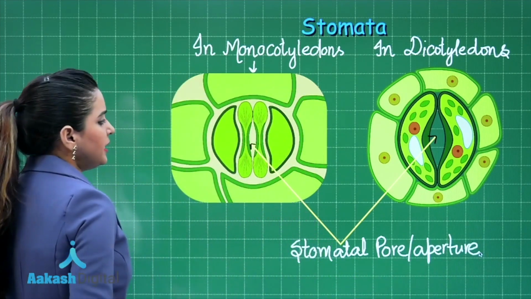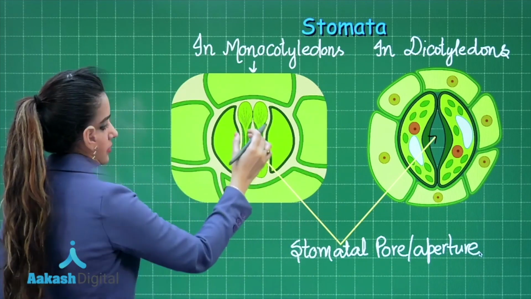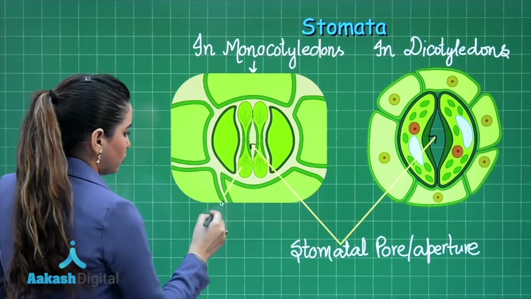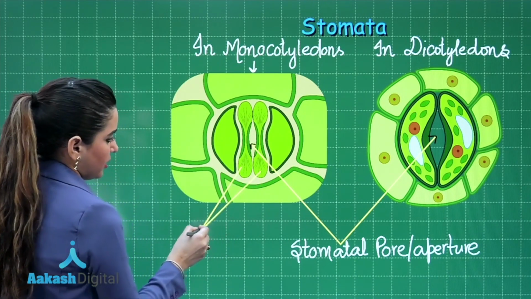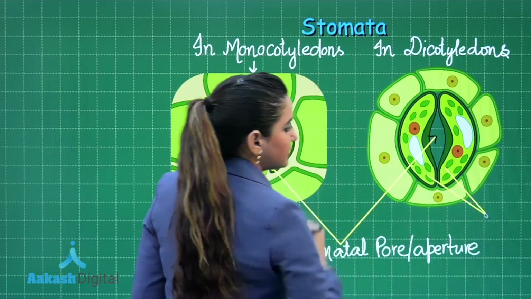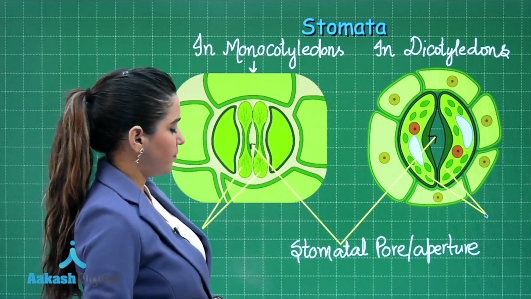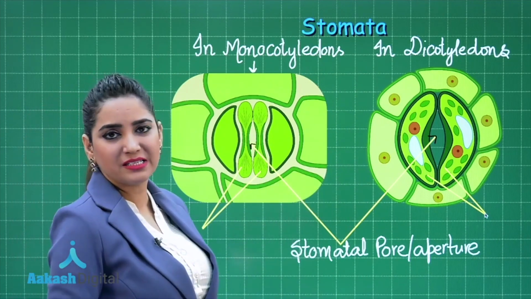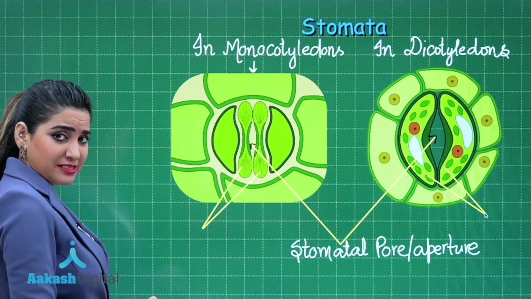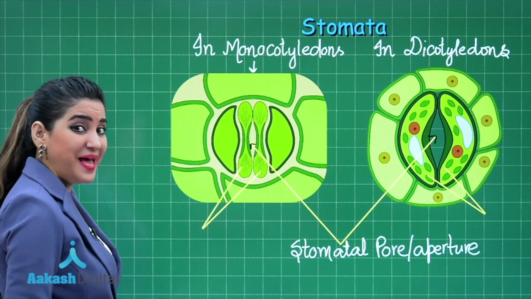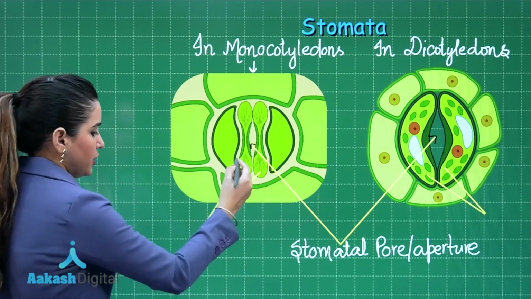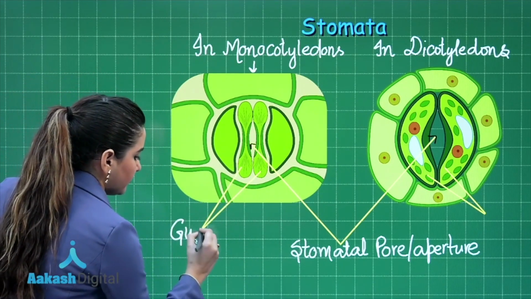Okay. Now, here these two cells are guard cells, and here these two cells are guard cells. You tell me, do you see any difference in the shape of guard cells? Yes, there is a significant difference in the shape. These guard cells are more of dumbbell shape. Yes, the same dumbbell you lift in the gym.